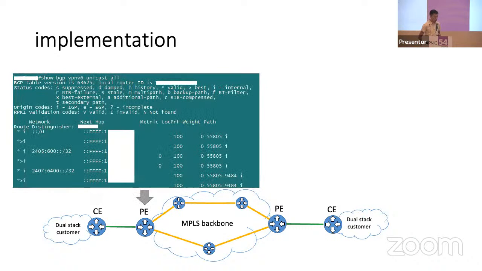This one is how we see it on the edge router and MPLS P router. Actually, 6VPE maps the IPv4 next hop address to an IPv6 address.